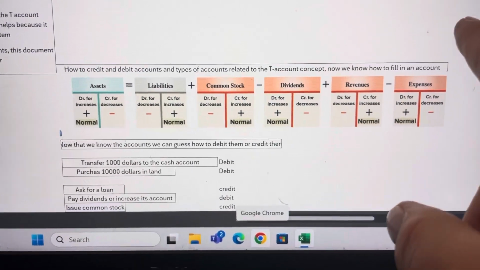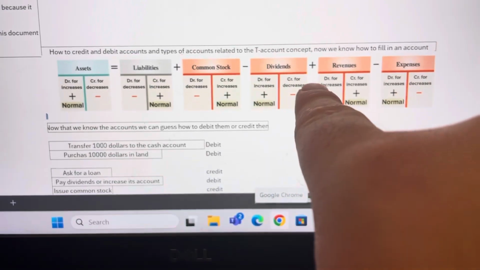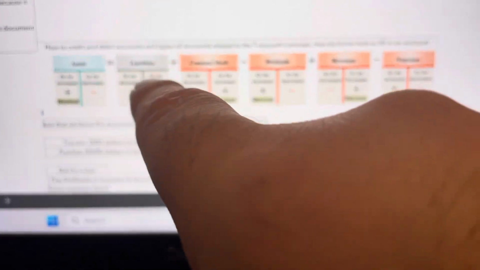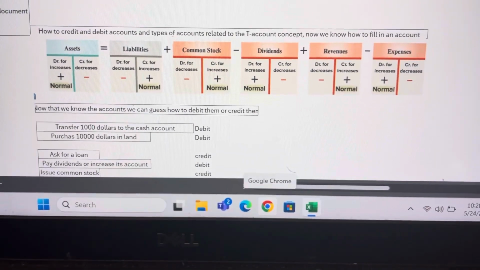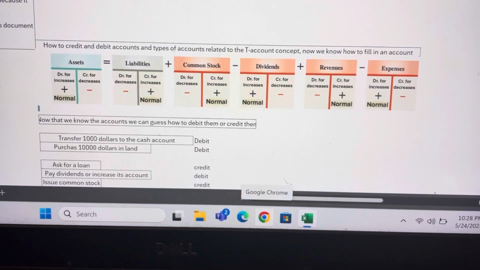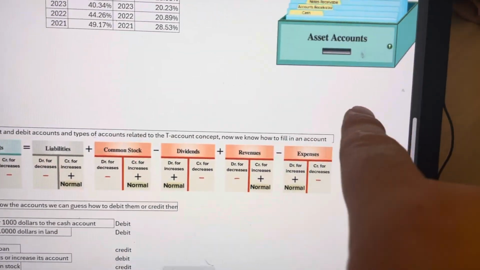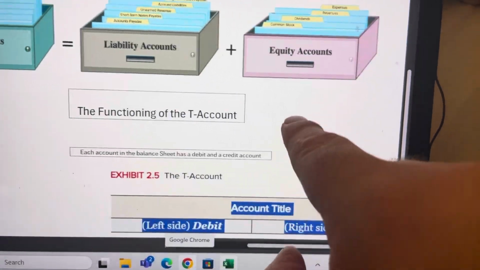As we all know, all of these accounts separately follow a T account pattern of debits and credits. So I got this image from the book.